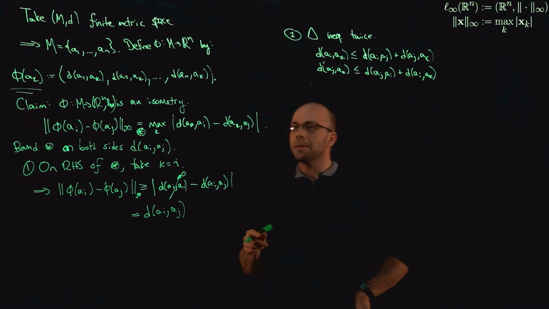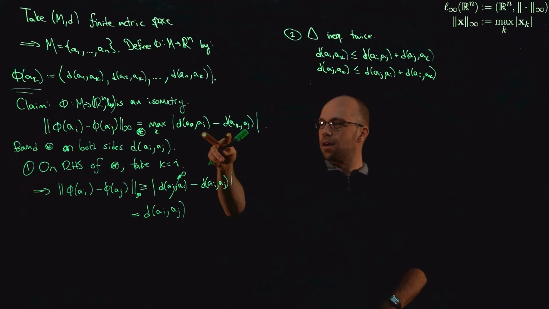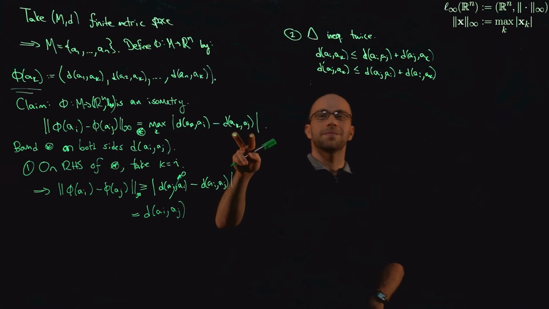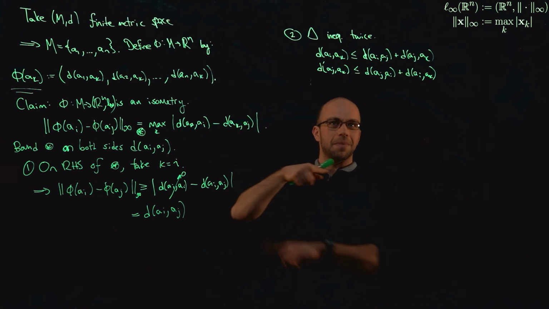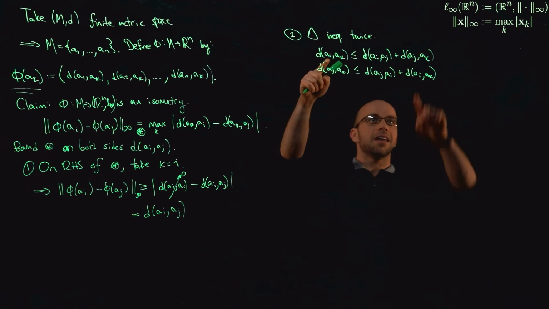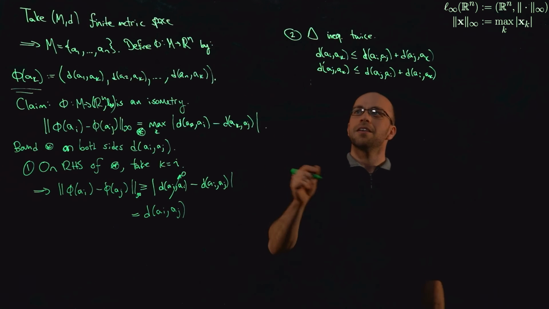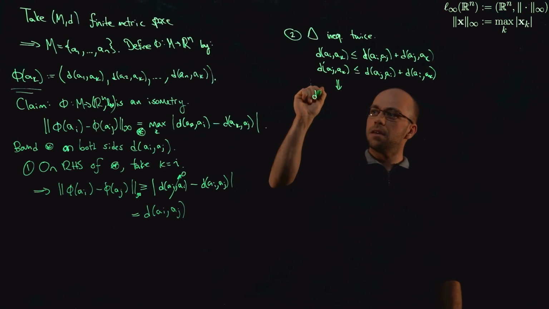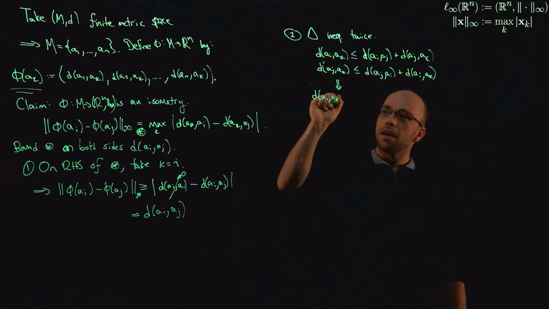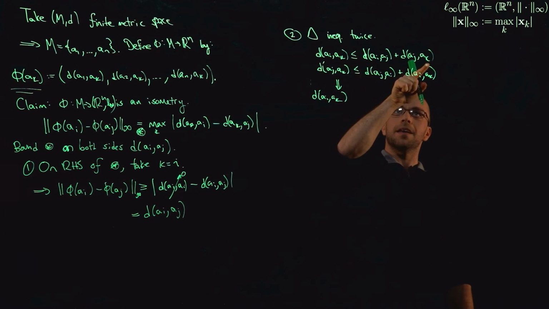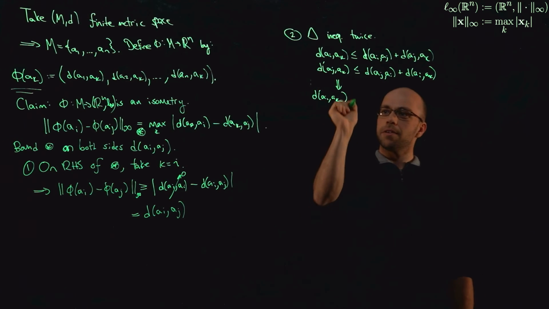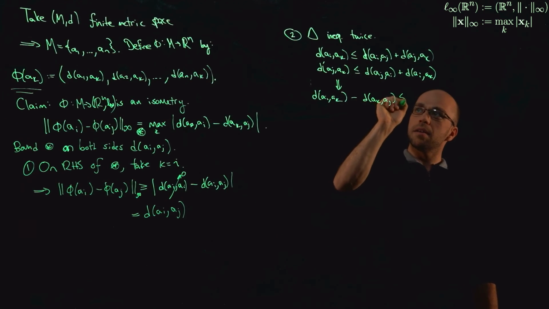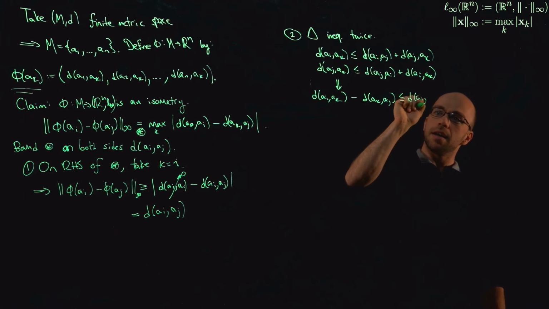Remember that our goal is to upper bound this quantity, and there's an absolute value, so we can also flip the sign. From the first expression, we know that d of AI AK, and now by symmetry we can move the k into the first slot, so minus d of AK AJ is less than or equal to d of AI AJ.